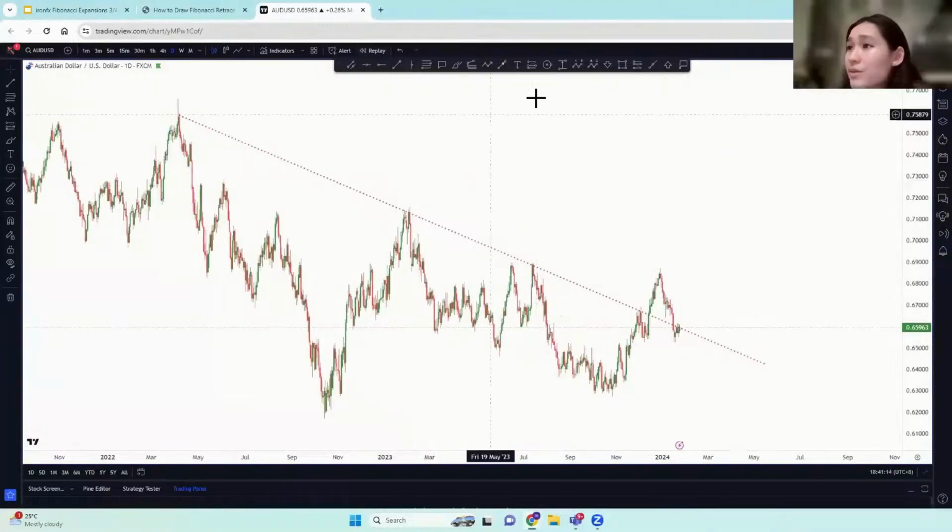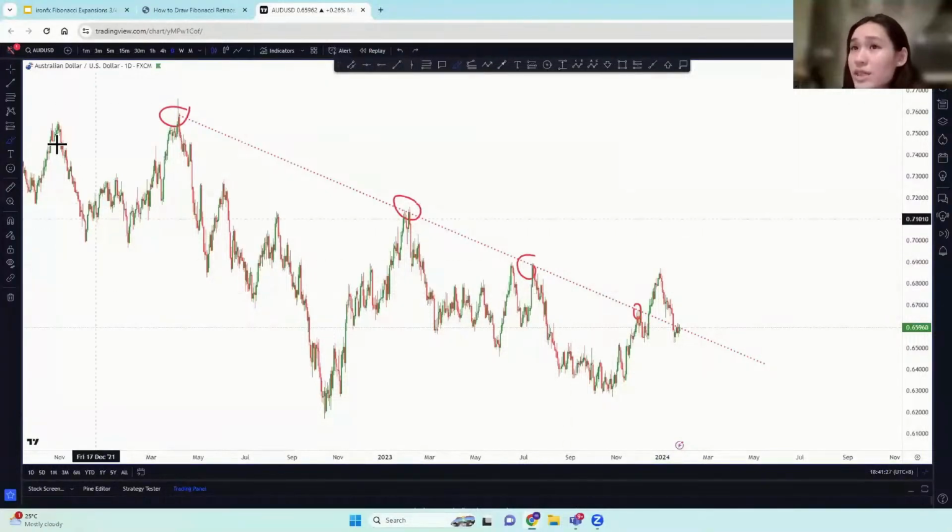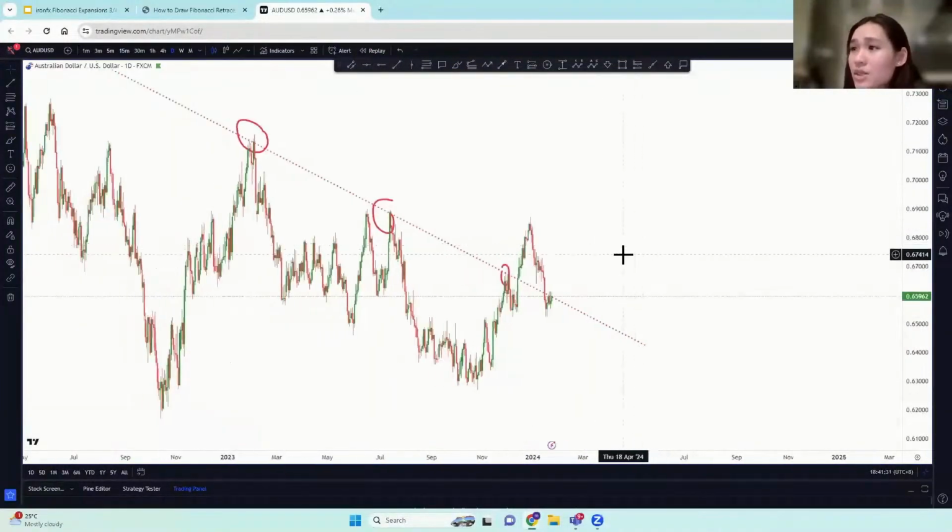So we have a really nice trend line over here. 1, 2, and 3 touches. You can see price recently broke out of the descending trend line, so there is a bit of a bullish signal over here.